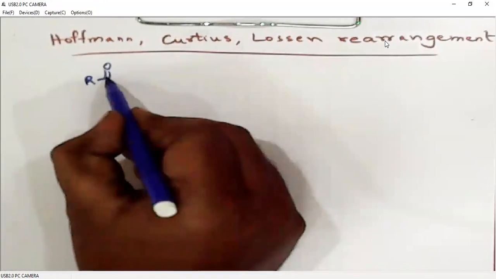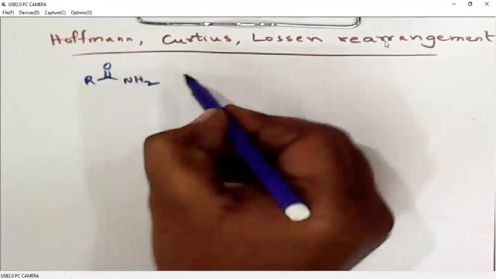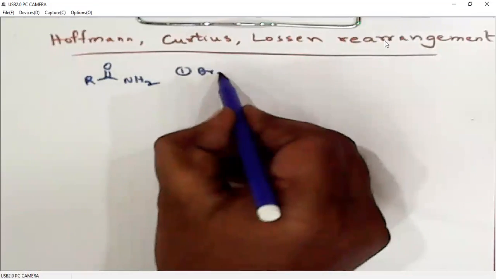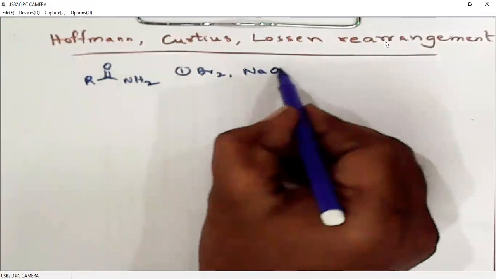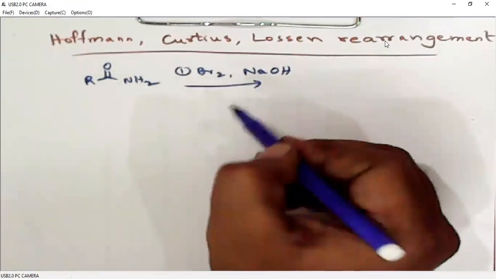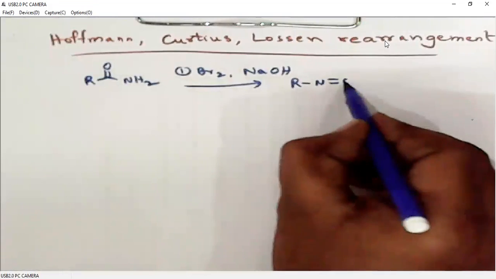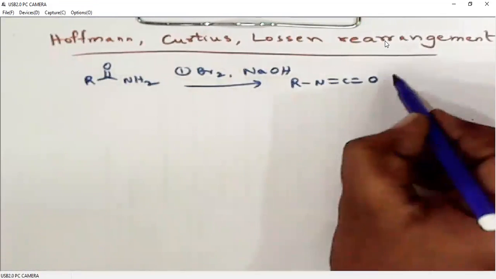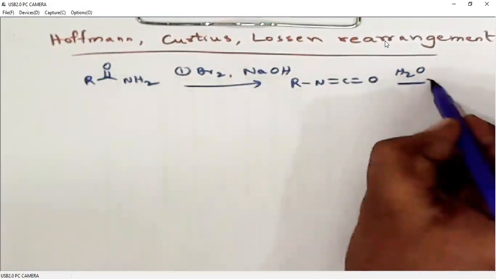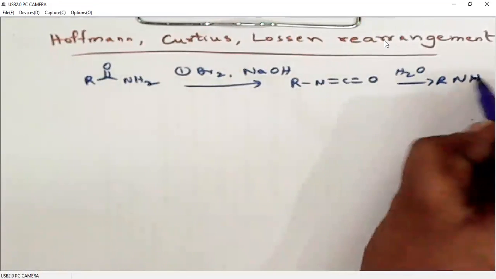When amides are treated with bromine and sodium hydroxide, it generates isocyanate, that upon treatment with water will be converted to amine.